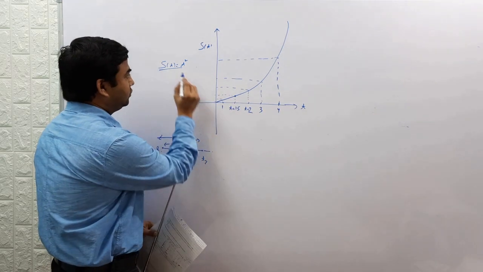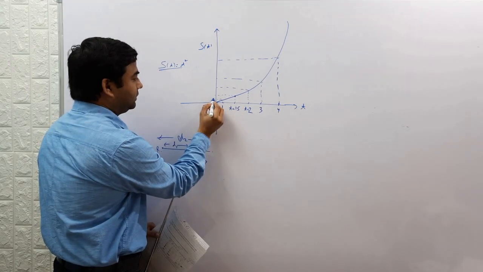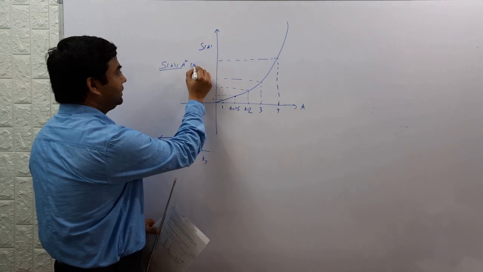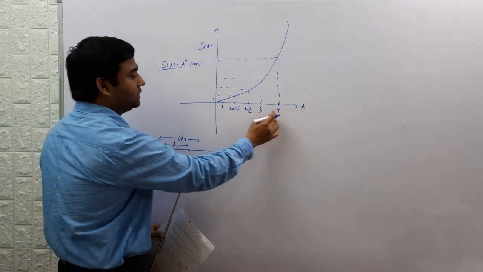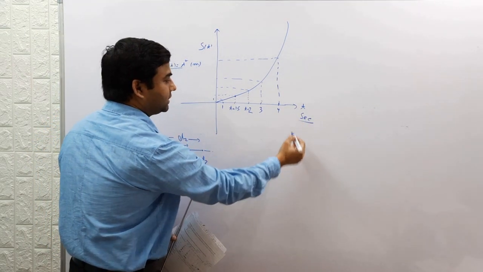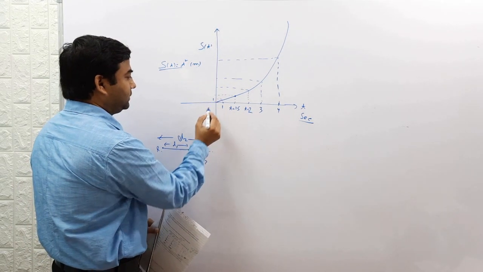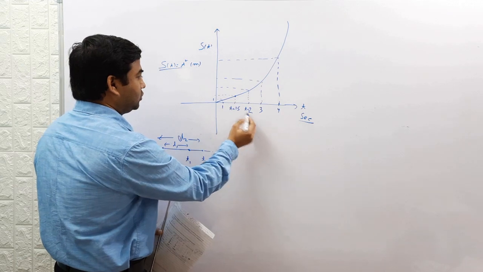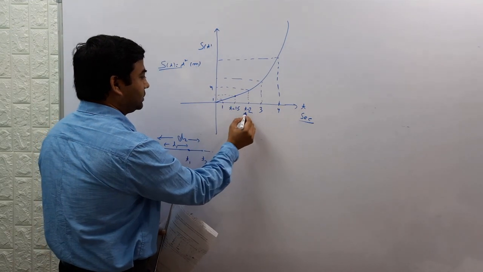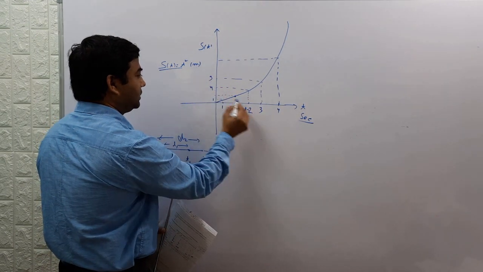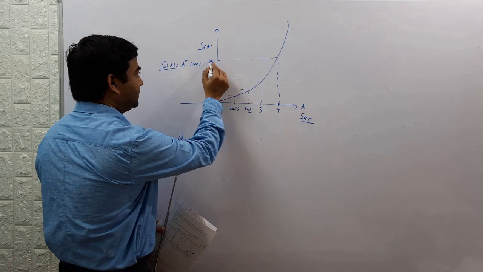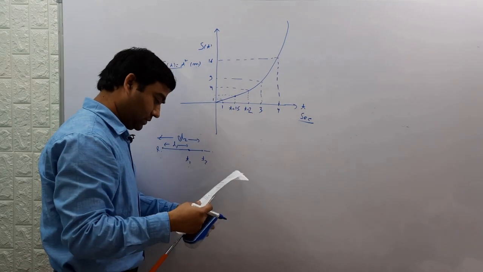So let this displacement be given in meters and time in seconds. Put t equal to 1, displacement is 1. T equal to 2, displacement is 4. T equal to 3, displacement is 9. T equal to 4, displacement is 16.